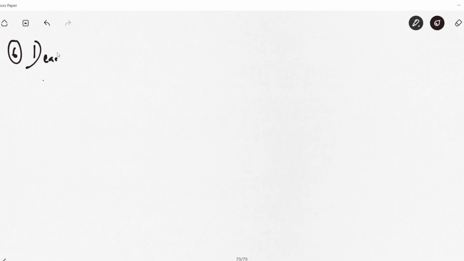Dead zone with saturation, so dead zone with saturation.